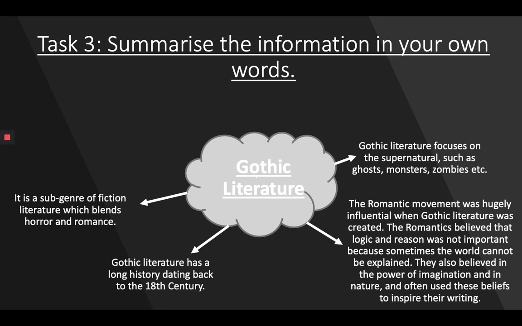So the Romantics believed that logic and reason wasn't important because in the world there are some things that just can't be explained. And they also believed in sort of the power of nature, and often that would inspire their writing.